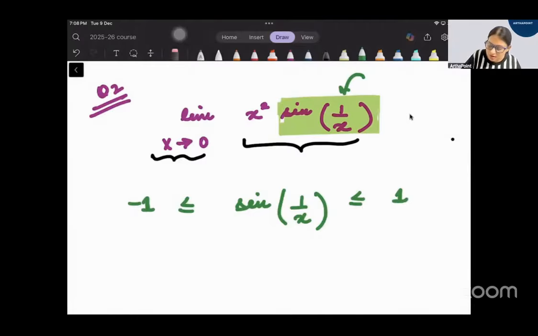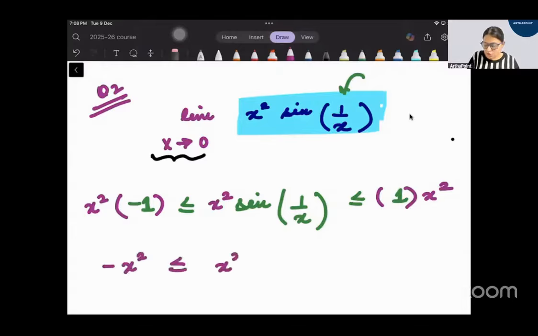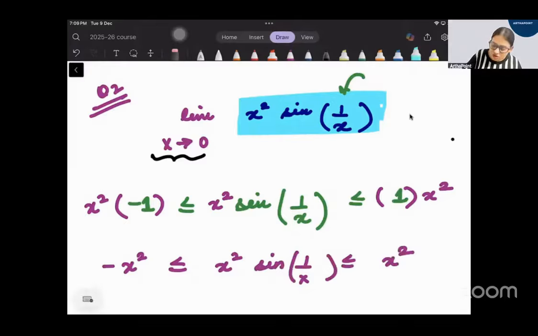But what is the function given to me? The function given to me is x square into sine 1 by x. So I need to multiply by x square. I will multiply x square on all sides, and I'll get minus x square less than or equal to x square sine 1 by x less than or equal to x square. I will check the limit of these two extreme functions.